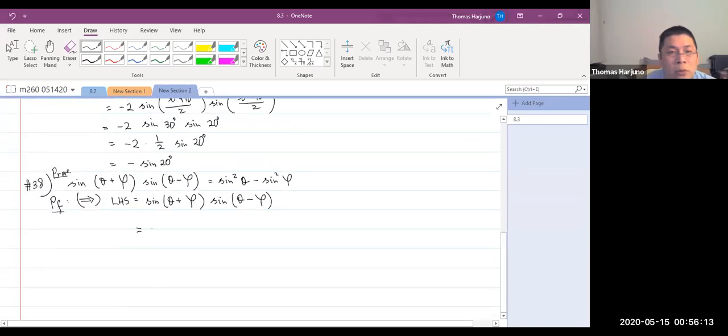So this is negative 1/2 cosine of the sum minus cosine of the difference. Is it okay?